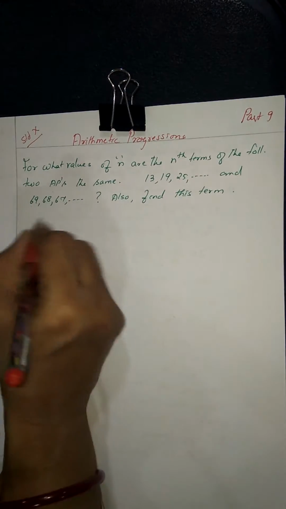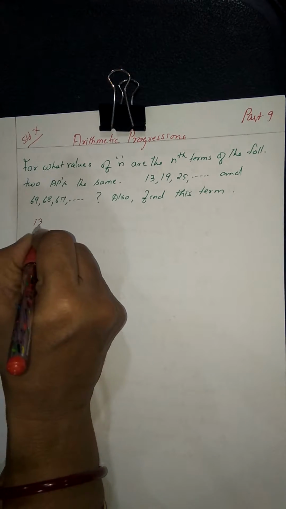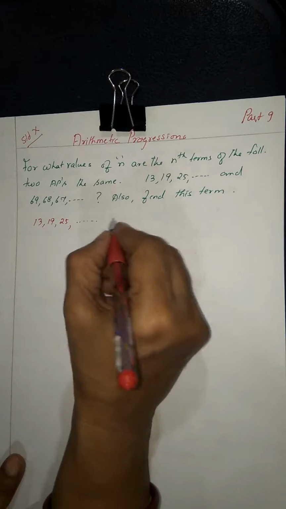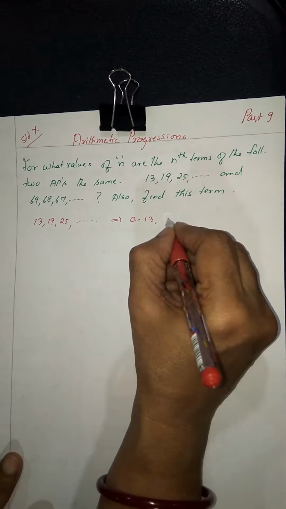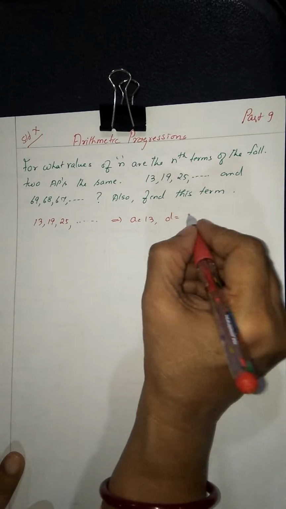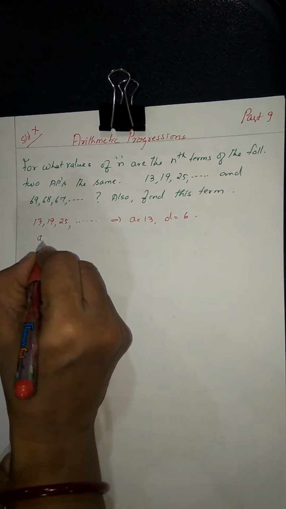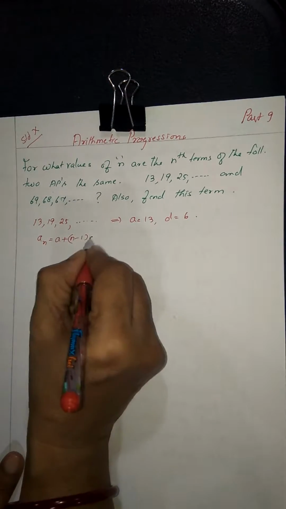Let us start with the first AP, 13, 19, 25, etc. In this, A is equal to 13 and D is equal to 19 minus 13, so D is equal to 6. So an is equal to a plus n minus 1 into d.